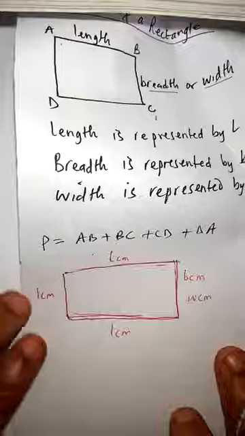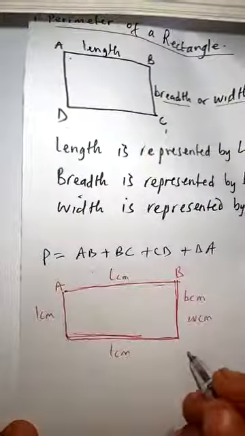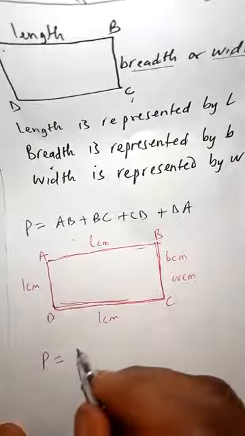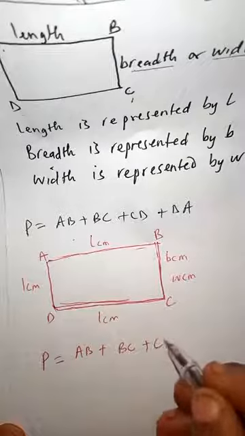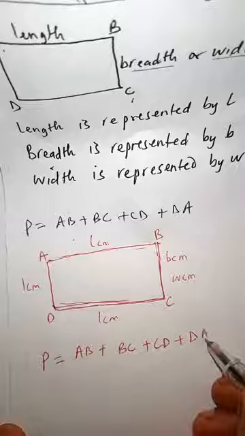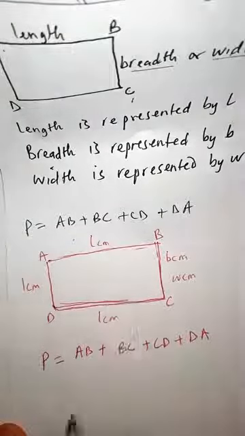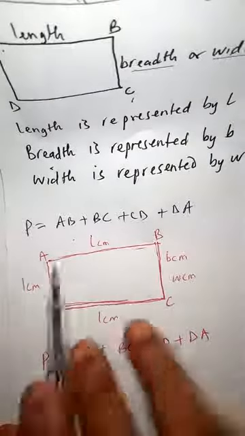Now, we still have A, B, C, D. And we know that perimeter P is equal to AB plus BC plus CD plus DA. In our previous video, to calculate the perimeter of a rectangle, we had AB plus BC plus CD plus DA.